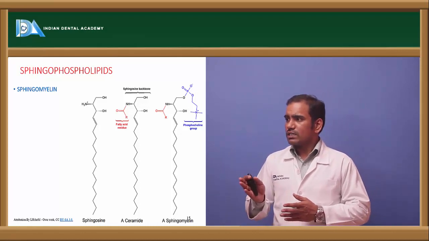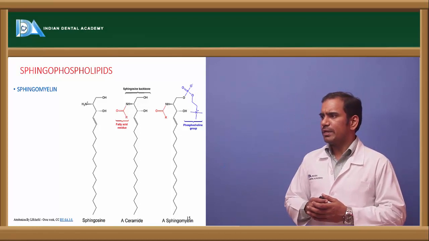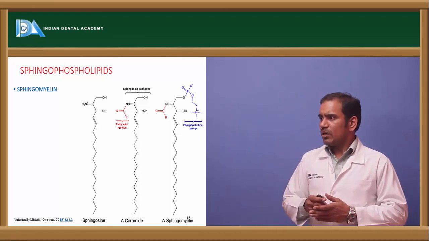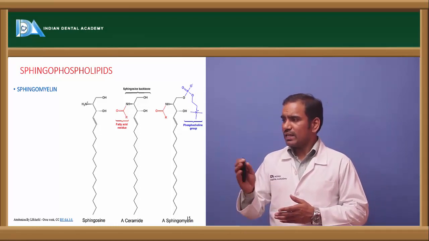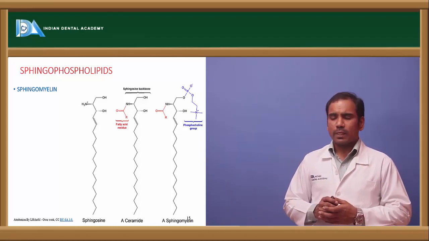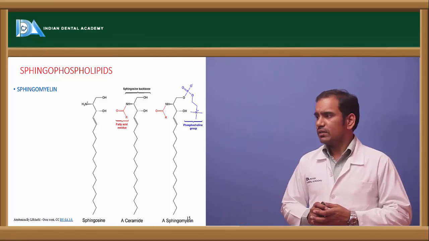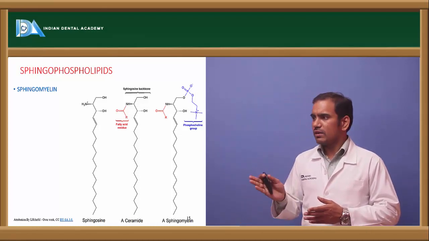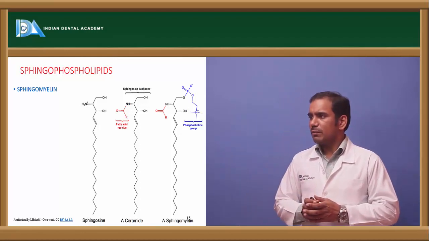So that's why we call them sphingophospholipids, and the example for sphingophospholipids is sphingomyelin. In case of sphingomyelin, we have the sphingosine alcohol, to that a fatty acid is attached, and there is a nitrogenous base choline. This sphingomyelin is mainly present in the myelin sheath, and that's why it is named sphingomyelin. So myelin is derived from its location, that is, it is present in the myelin sheath.